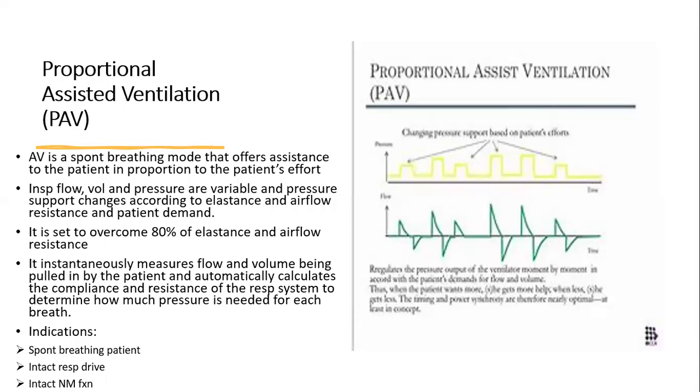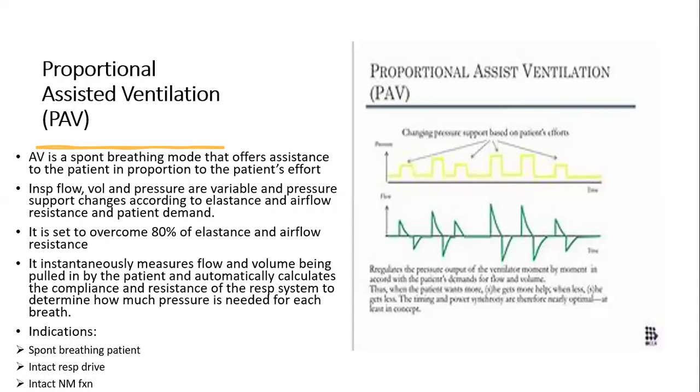This is beautiful because the ventilator just waits to see how much effort this patient is making. Now this patient is in respiratory distress, is making only 40%. The ventilator calculates, so it requires 60%, and the ventilator delivers that 60%. It's indicated for patients who are spontaneously breathing, patients with intact respiratory drive.